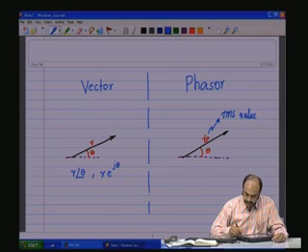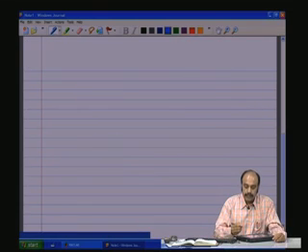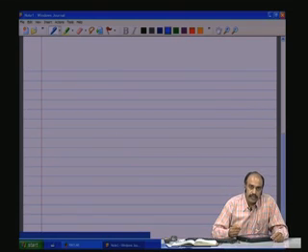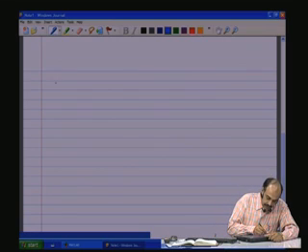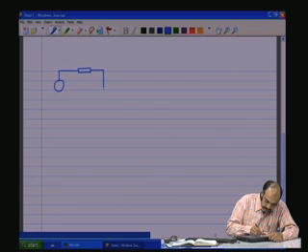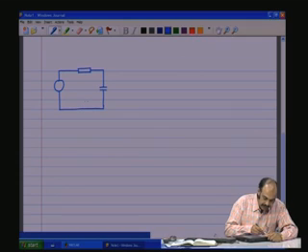So, with that small note, let us go back to what we were doing in the last session. So, we had a circuit, the familiar RC circuit, which I am writing down here for clarity.